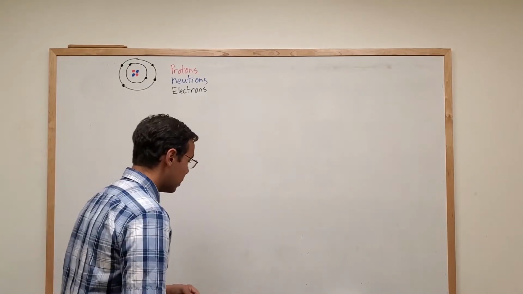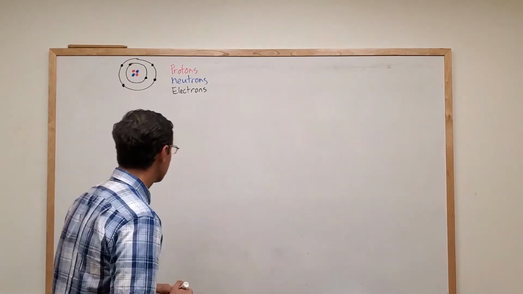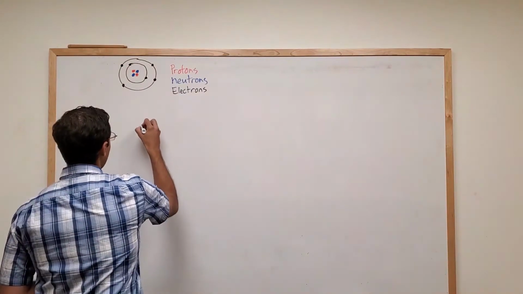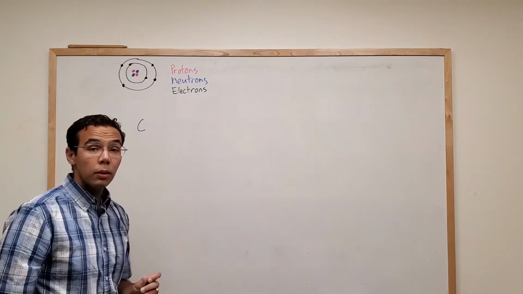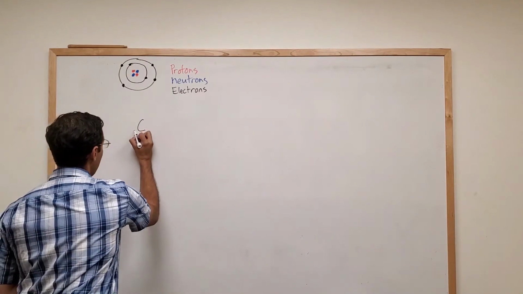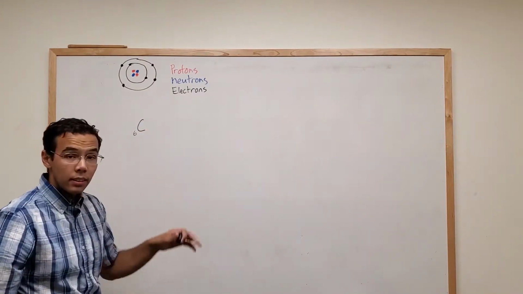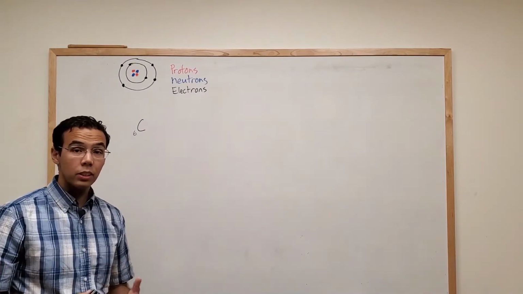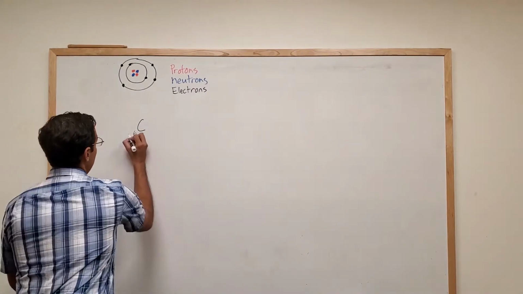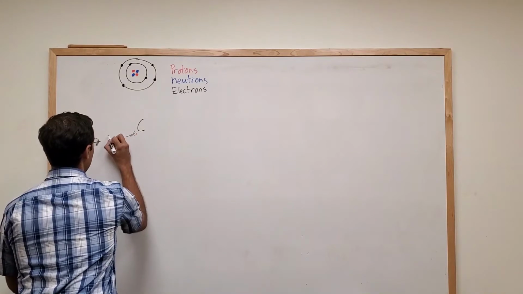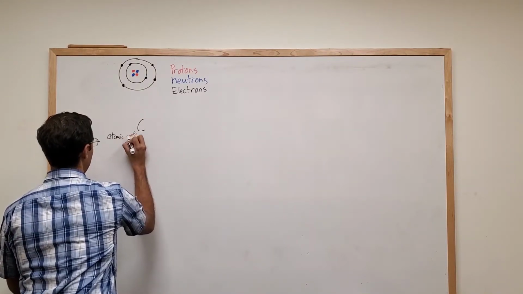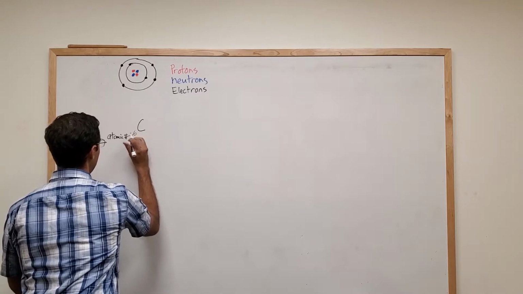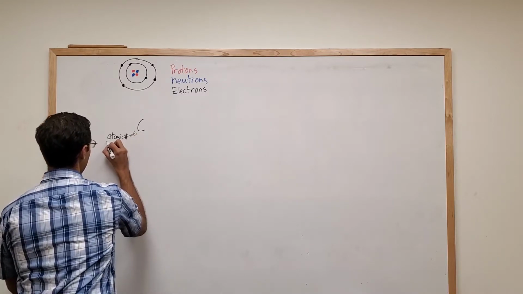To start off with a familiar example, let's look at carbon. Within carbon, our atomic number is going to be 6. What this is telling us is that within the carbon atom, we have 6 protons. So the atomic number tells us the number of protons.